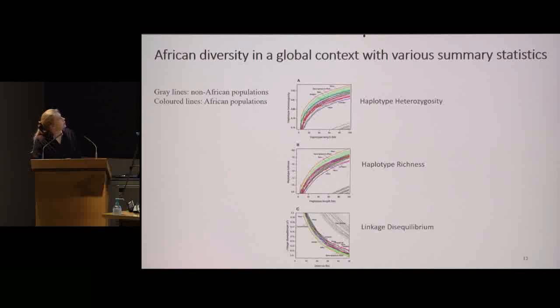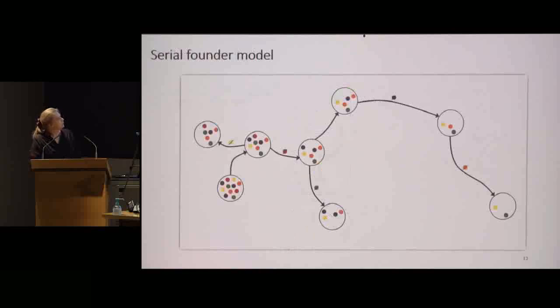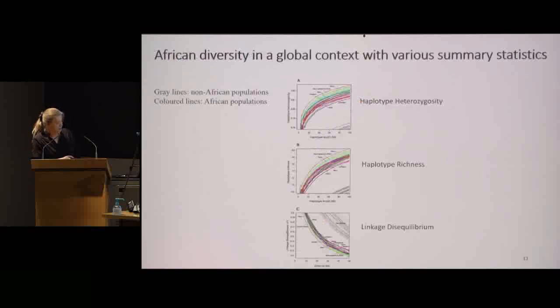We have 3 different summary statistics: haplotype heterozygosity, haplotype richness, and linkage disequilibrium. The colored lines here are African populations, and the gray lines are non-African populations. What you immediately see is a big gap between non-African and African populations. This is because of the out-of-Africa migration, where a lot of genetic diversity was lost.